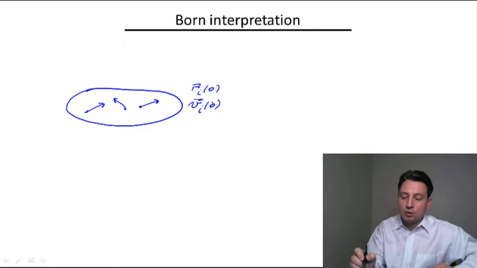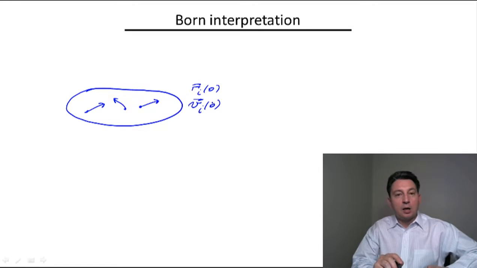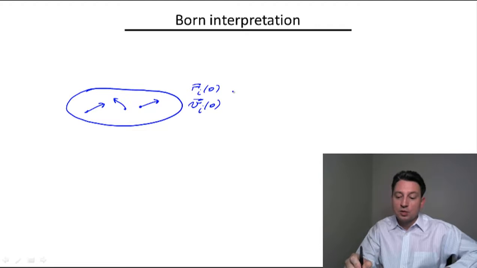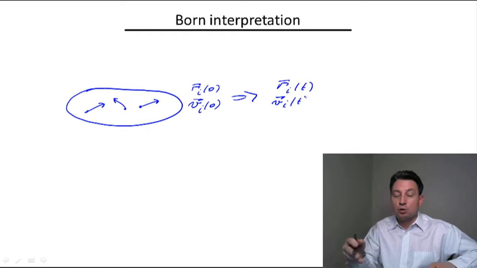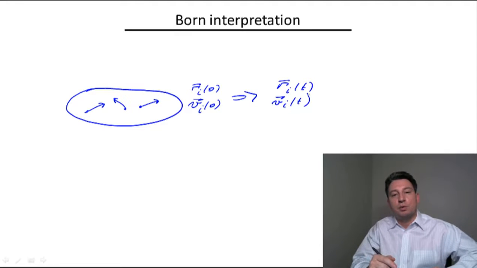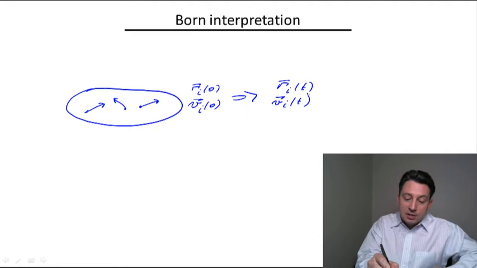Then classical theory predicts with absolute certainty the result of any conceivable experiment in the future, which is determined by, let's say, trajectories of particles at any subsequent moment of time. And they in turn determine all possible outcomes of all possible experiments. Now, this is the classical system.